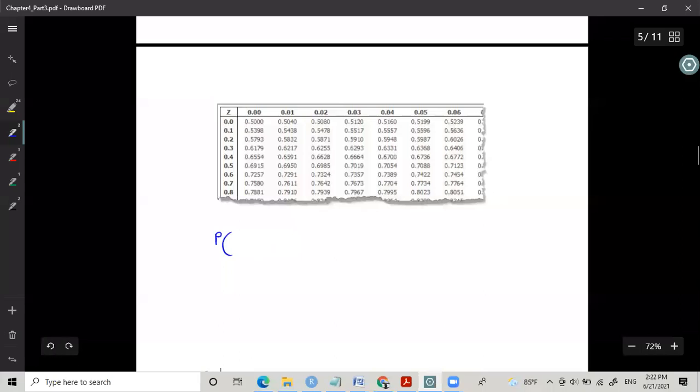I want the probability in between z-score 0.22 and 0.56, positive. I need the probability in between.